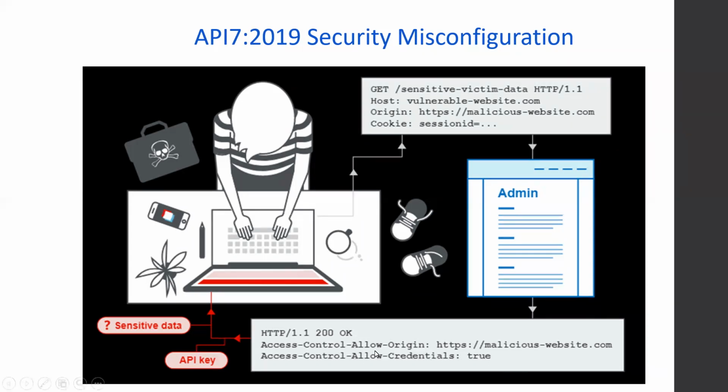So allow origin essentially says that this origin only can talk to your API and can display the response in their front end. Let's say you have two domains. You have one as a.com and your API is hosted on b.com, and your front end is a.com.